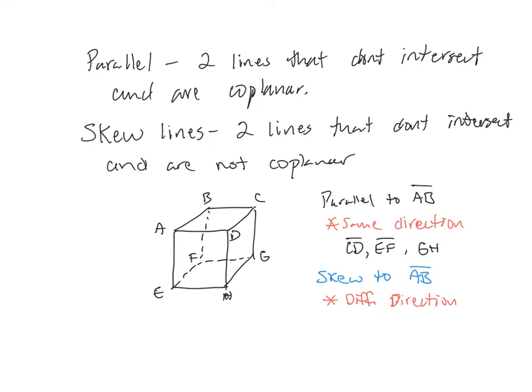So I would have FG. That's going side to side, and it's on the bottom. I would have EH. Same thing. It's going side to side. It's on the bottom. I would have DH. It's going up and down. And I would have CG. Again, it's going up and down where the AB is going front to back.